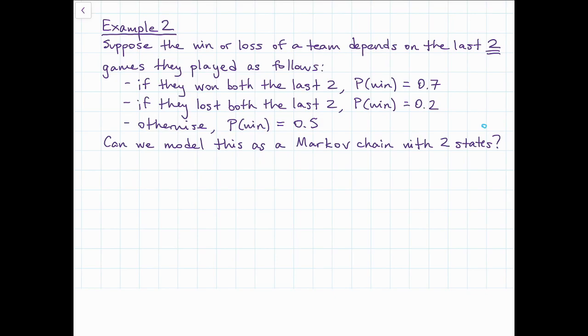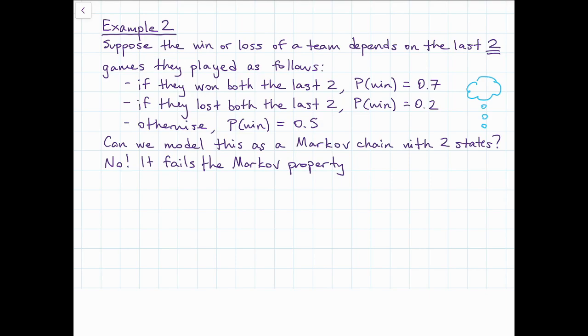So letting state 1 be win and state 2 be loss. Think about that for a second. Can we do this? Spoiler alert. No, we can't. It's going to violate the Markov property because we're told right in the very beginning that whether they win or lose the last 2 games has an impact on winning the next game.